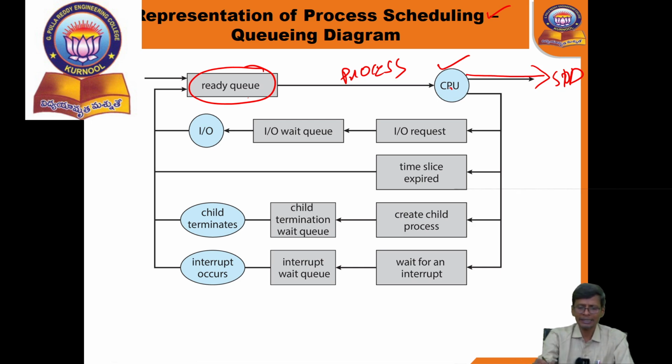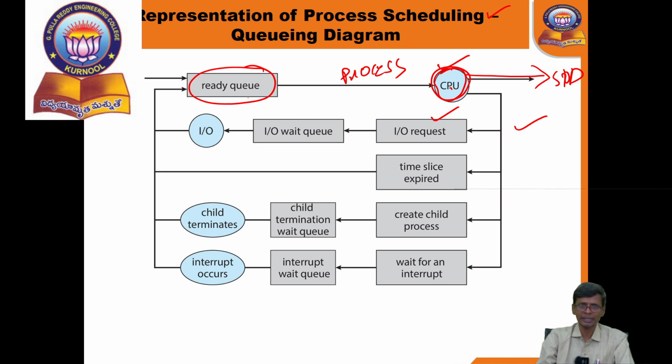And in the second case, while the process is executing with the help of the CPU, there are some situations we can have. The first one is an IO request. It means that while executing, the process wants to access one of the input or output devices, so it will make a request to the operating system.